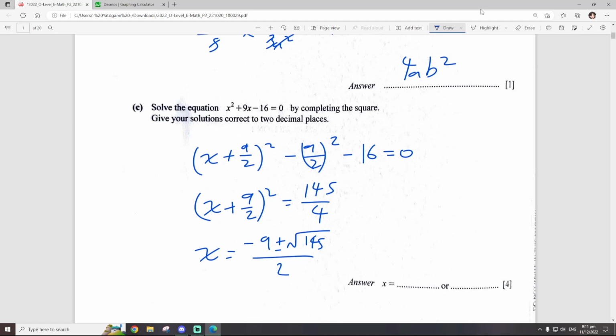So x equals to either 1.52 or, if you take the minus, you will get some negative number, which is minus 10.52. Oh wait, this is 2 decimal places, sorry, so 1.52 and minus 10.52, 2 dp.